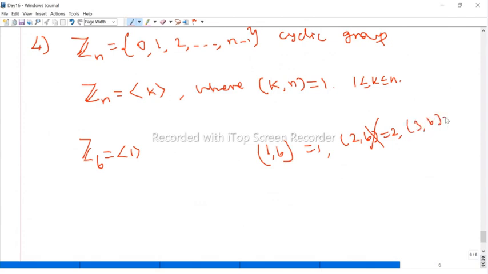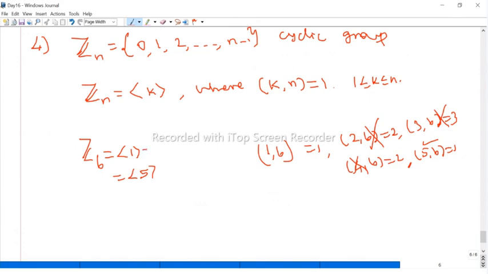GCD of 3, 6 is 3, again 3 is not a generator. GCD of 4, 6 is 2, again 4 is not a generator. GCD of 5, 6 is 1, therefore 5 is a generator. Z6 contains 0, 1, 2, 3, 4, 5. 0 is never a generator of any group. So the only generators are 1 and 5.